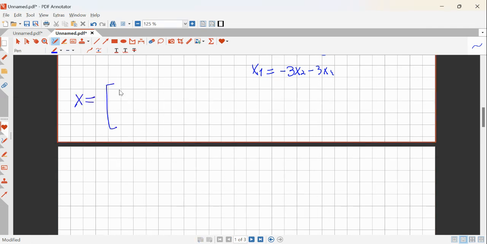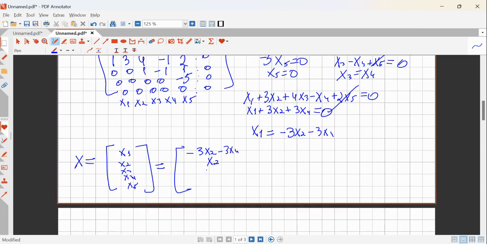Let's write our vector form. x, which is x1, x2, x3, x4, x5, has x1 equals minus 3x2 minus 3x4. x2 is a free variable. What about x3? It equals x4. x4 is a free variable, so nothing changed, and x5 is 0.